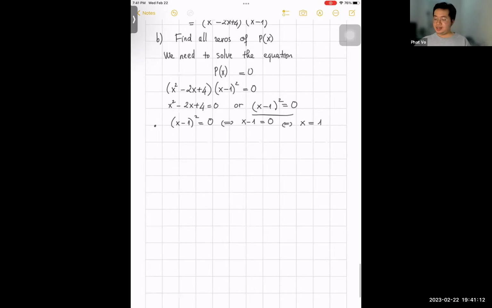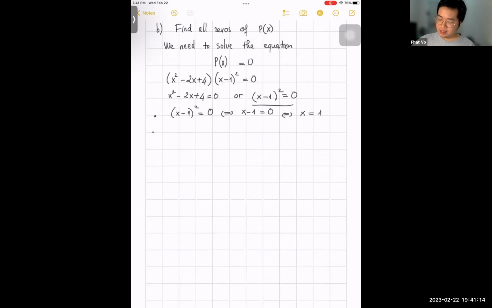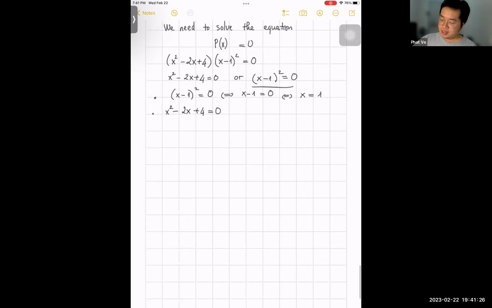Now we go to the second equation here: x^2 minus 2x plus 4 is 0. Here I think you can use the quadratic formula. A here is 1, B here is -2 and C here is 4. So the discriminant is B^2 minus 4AC.